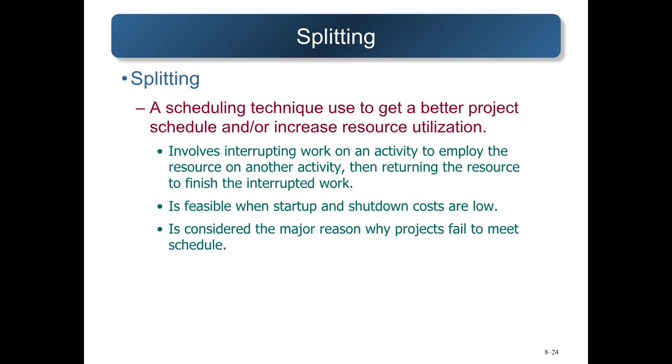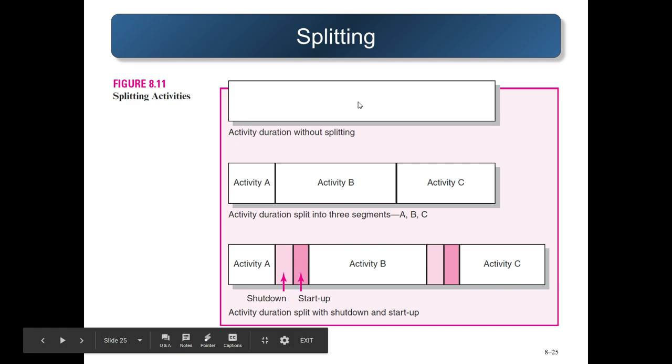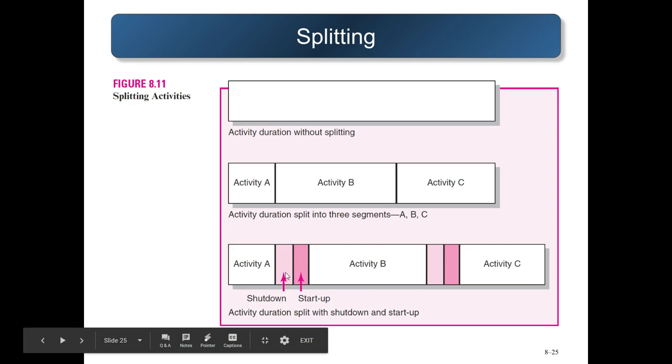Splitting is very straightforward, as in this representation. Imagine this is the duration of the entire activity. This entire activity we have split into activities A, B, and C. And now, by applying the concept of splitting, we introduce the concept of shutdown and then startup.